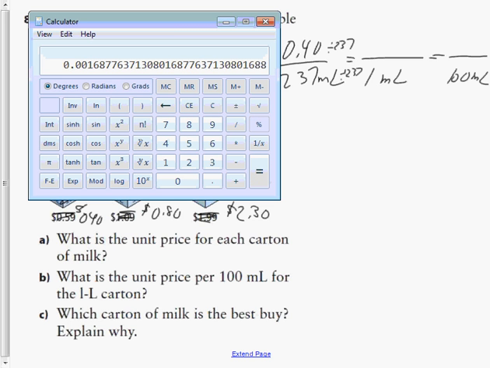So when you have something that's less than a penny per unit, you need to keep 5 decimal places. Now, to get it back up to 100, I'm going to multiply by 100, I'm going to move my decimal 2 places over. It's roughly 16.8 cents per 100 mils, or approximately 17 cents for 100 milliliters of liquid if you buy the small milk.